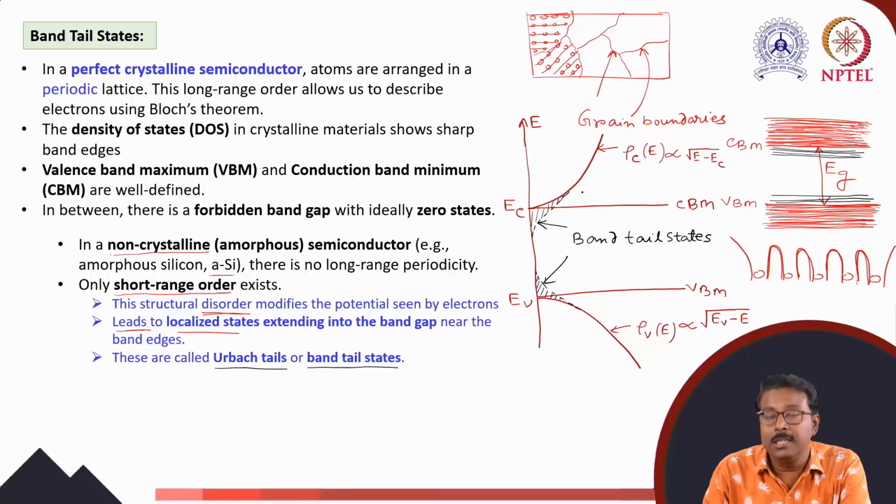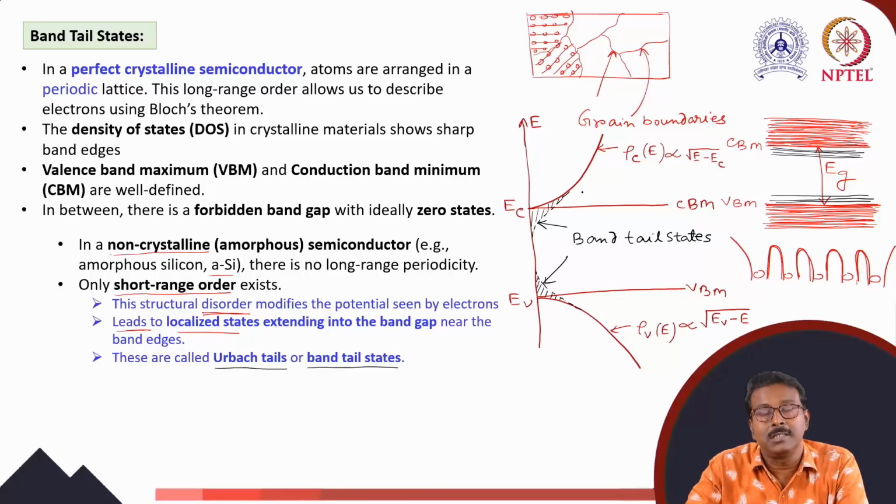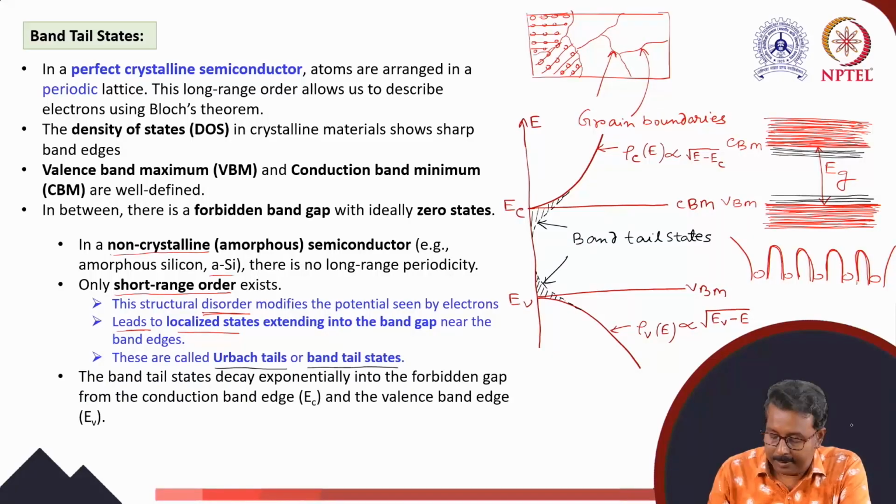So the density of states expression that we discussed earlier is valid only for a perfectly periodic crystalline semiconductor material. But for amorphous material, the density of states will have a different form.